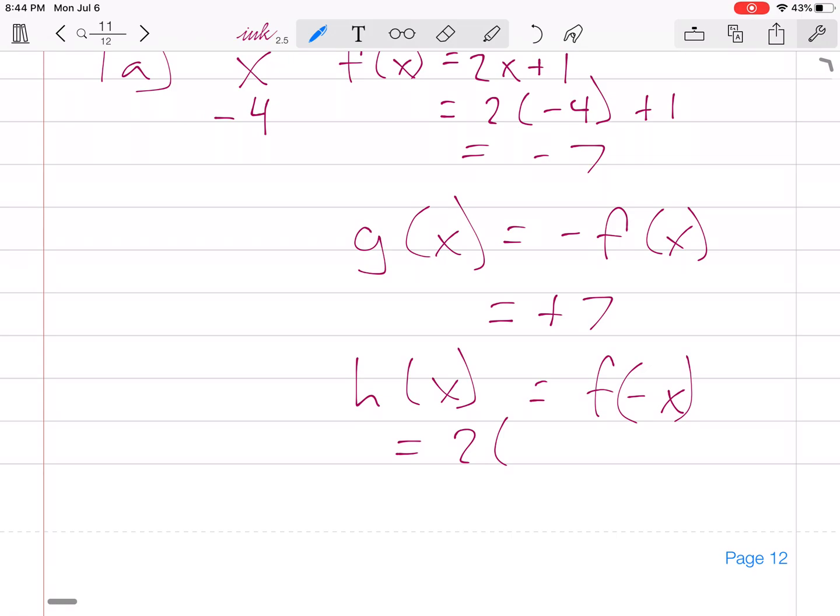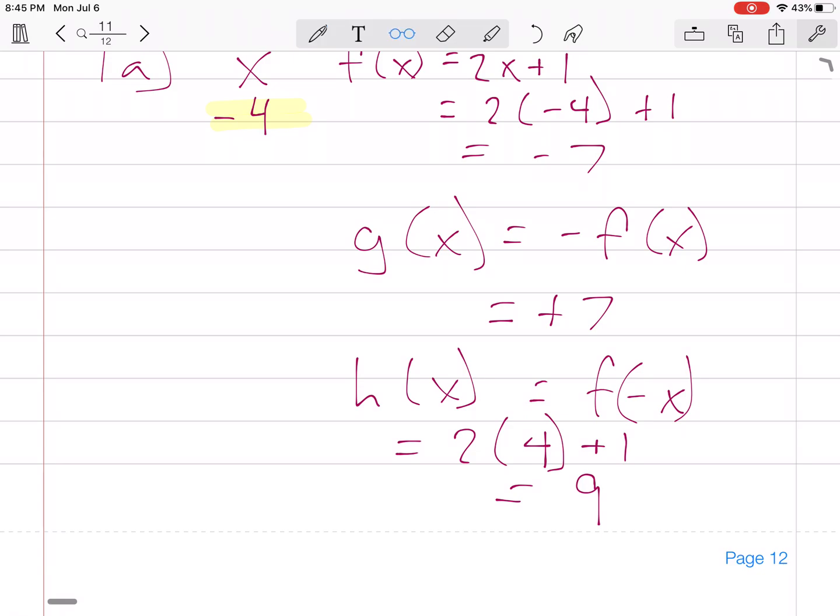Okay, so the original x is negative 4, and you're taking the negative value of that, which is going to make it a positive 4, and then you're going to add 1 to it, and so this is going to equal positive 9. Okay.